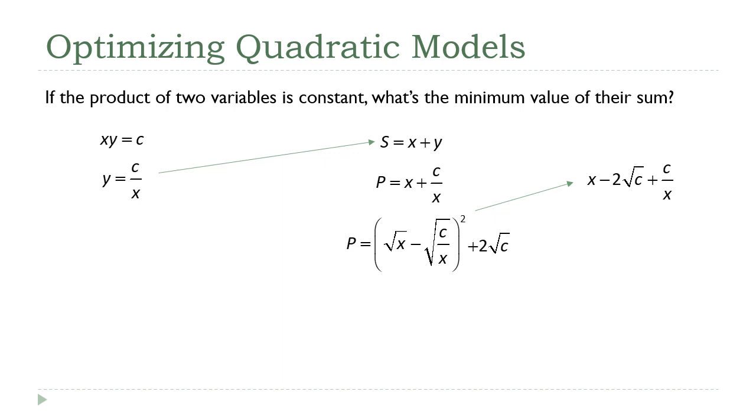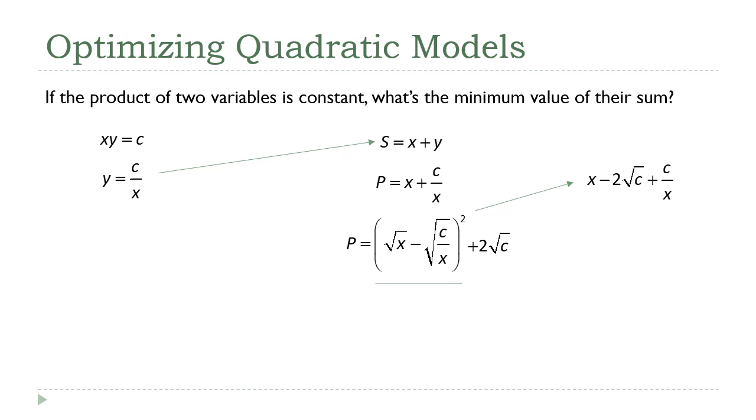Okay. Now, remember, I want to minimize this. X is my variable. It's the only thing I'm allowed to change. The c is a constant, so I can't change that 2 square root of c. This is going to be minimized when this expression here is at its minimum.